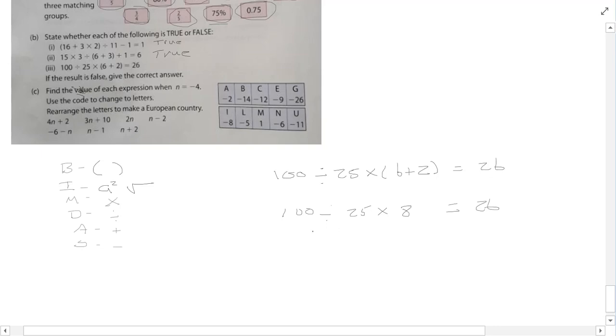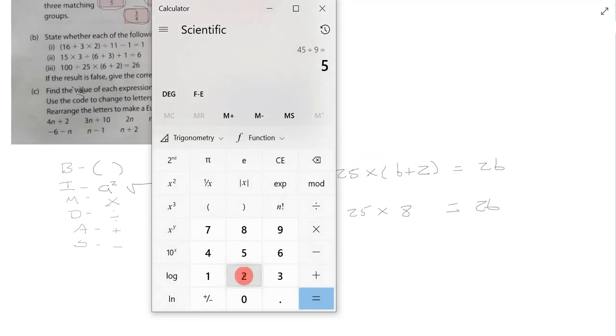Again, our order of operation: we have division and we have multiplication. So the multiplication comes first. We have to multiply the 25 by the 8, and 25 multiplied by 8 is equal to 200.